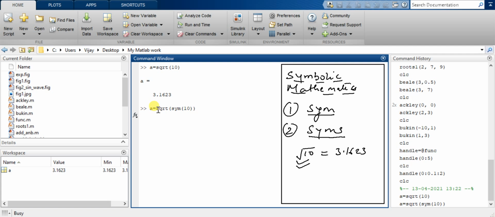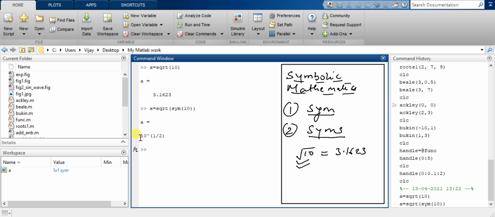When you enter this, let's wait for a few moments because MATLAB is busy doing the computation. So you can see over here that a stores the square root of 10. This is the way the symbolic math toolbox works. So this is the first example which I have given you.